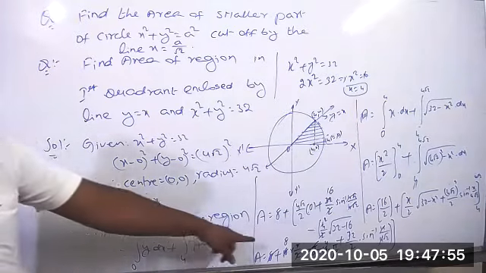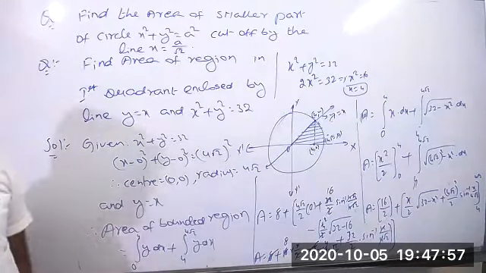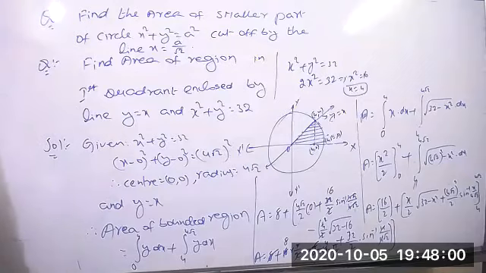The previous problem answer is 4 pi square units.